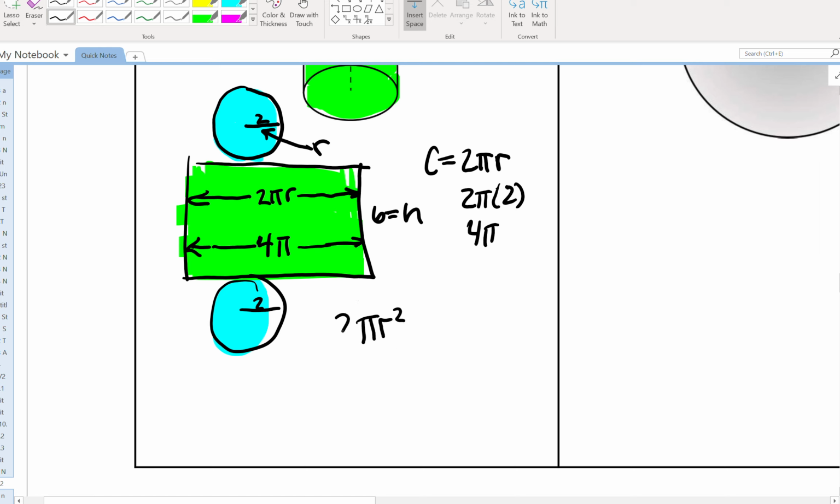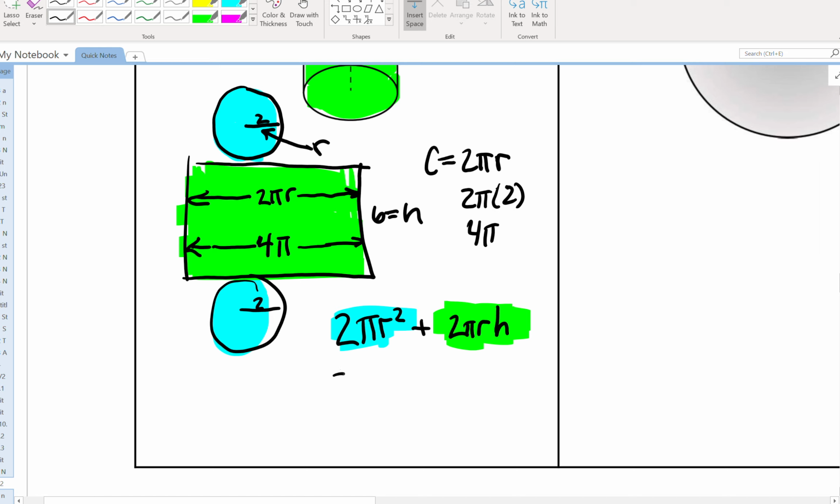But since we have two of them, you have 2 pi r squared. Then the area of the green, the lateral side, would be the base times the height. The base is 2 pi r times the height, which is, in this case, 6.